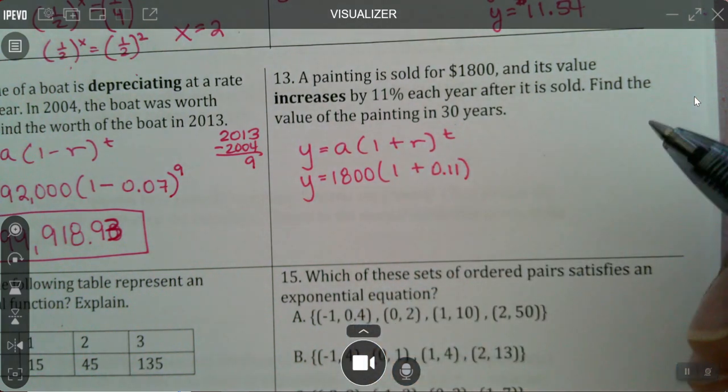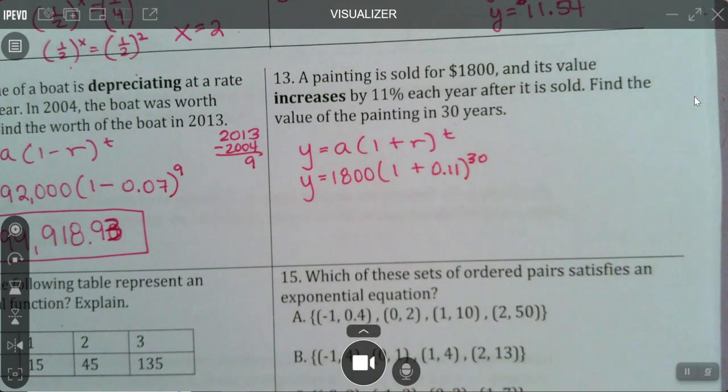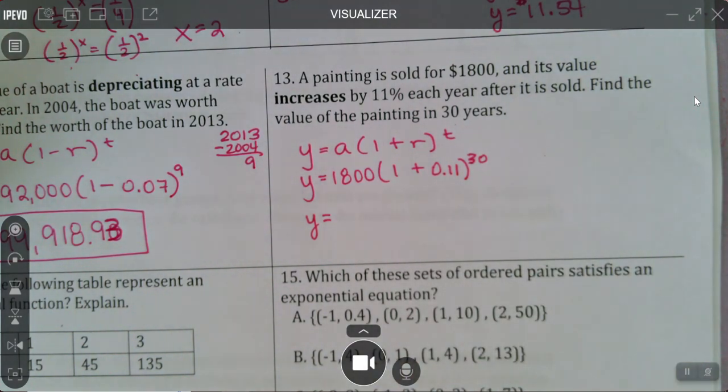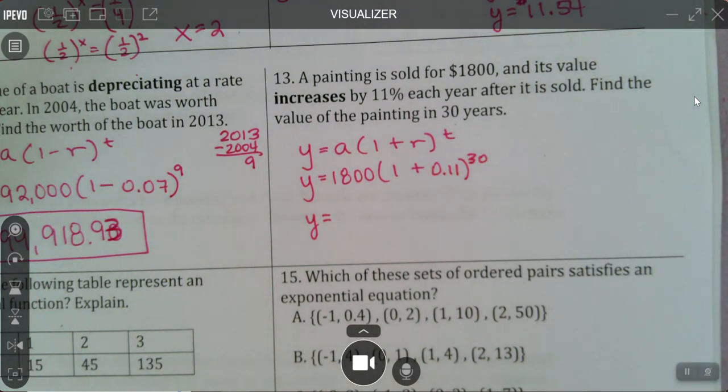After how many years? Now, everybody should be going for that calculator. Let me see who's not going for the calculator so I can call on them. Oh, and I'm recording it, so what is it, Elijah?